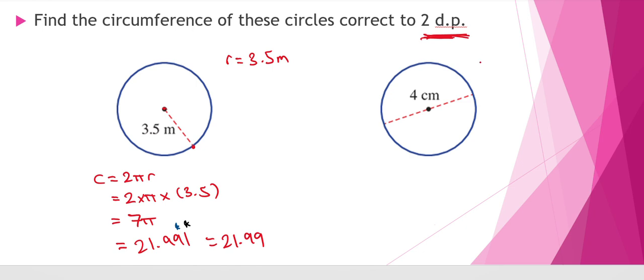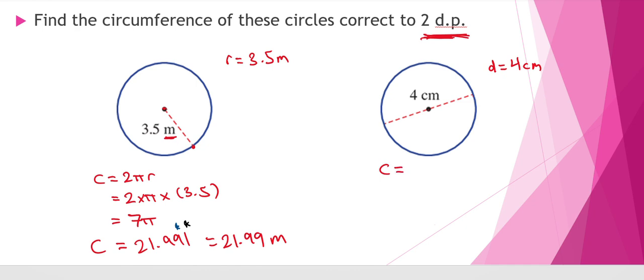Now, over here in my second circle, I have 4 centimeters, and I can see that the line goes from one edge of the circle, cuts across to the center, and then extends out to the other side. This is now the diameter. Oh, and I forgot one more thing. This is in meters as well. So always make sure you put your units of measurement at the end according to what you're given.